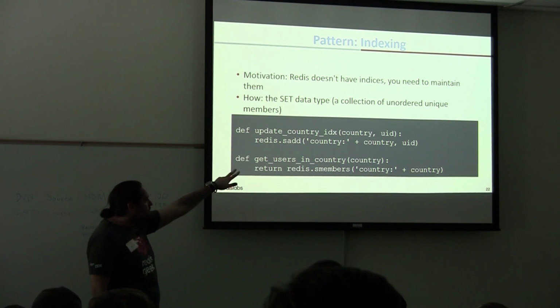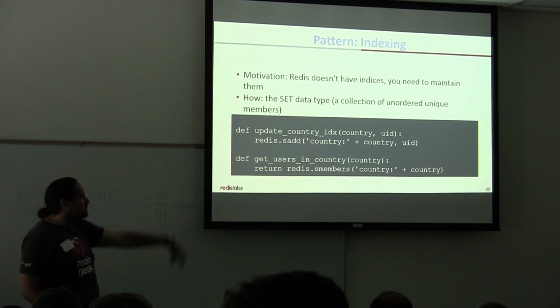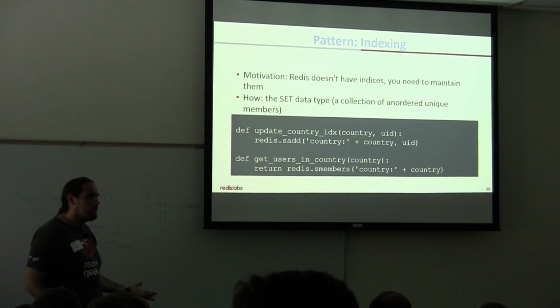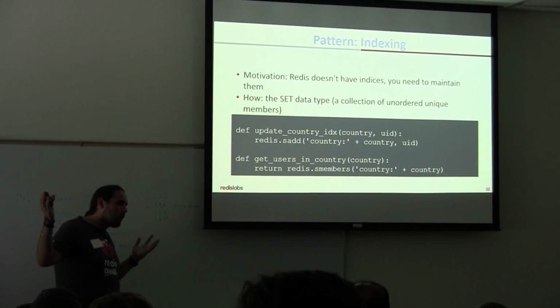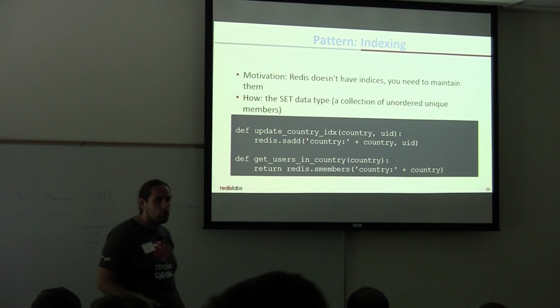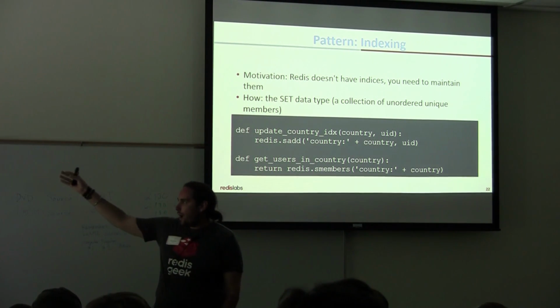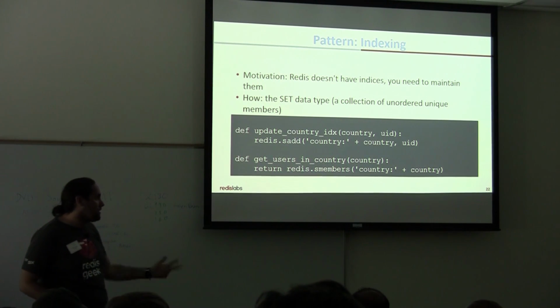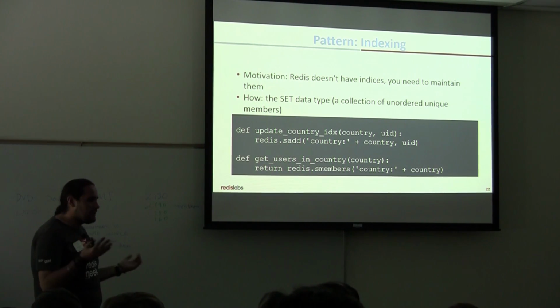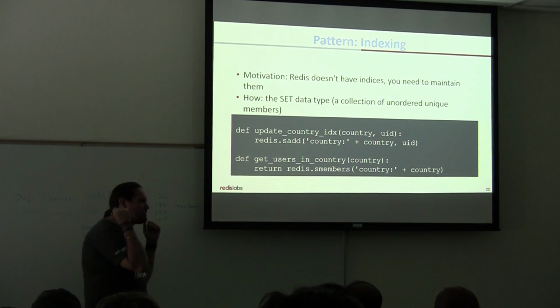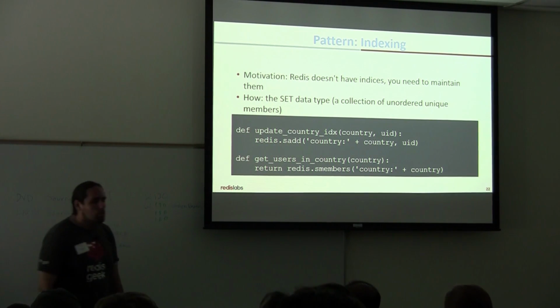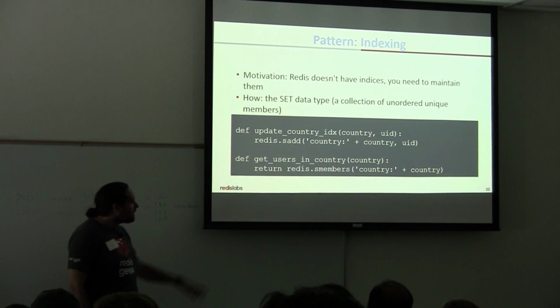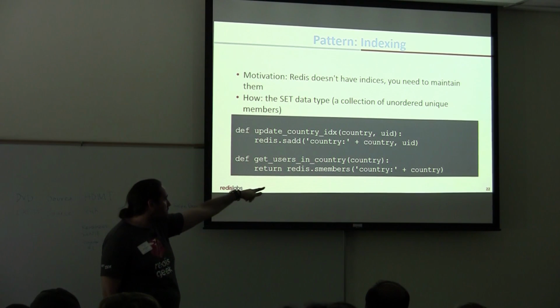You have the ability to put all of the users for a given country into an index, and the next time you want to see who are all of our users from Paraguay, or insert country name here, you have the ability to do that in a single call. It's going to return in a millisecond. Build an application on top of that, your BI people are going to be so happy with you. Oh my God. And here's the inverse of that. This is how you pull that same information out.